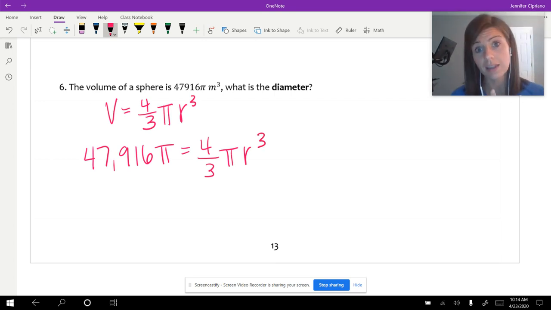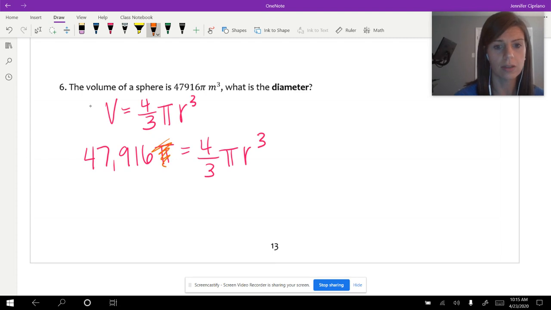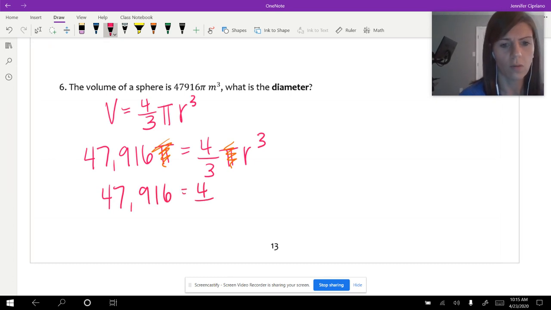So obviously the only thing that we can solve for here is the radius. So we'll need to solve for that first, and then we can figure out what the diameter is. So the first thing here, and this has been happening in a lot of these problems where you've had to find a missing height or radius, the pi on both sides is actually going to cancel out. So we can get rid of that. And we have then 47,916 equals 4/3 times the radius cubed.